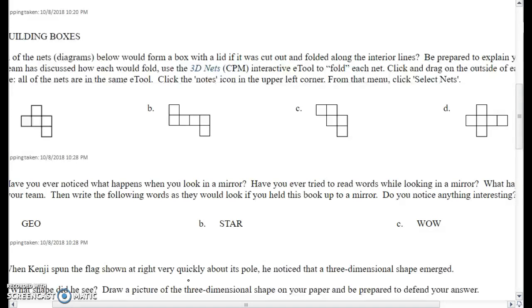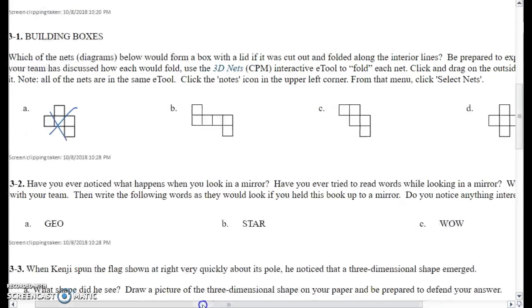So, assuming you have discussed this, one of the things you may have determined is that a cube has at least 6 sides. And so with that knowledge by itself, you can eliminate a couple of these, right? You can eliminate D? We got 1, 2, 3, 4, 5, 6. Scratch that. D's okay. But how about some of the other ones? How about over here A? 1, 2, 3, 4, 5. Only 5 sides. So A, we know it's not possible to make a cube.